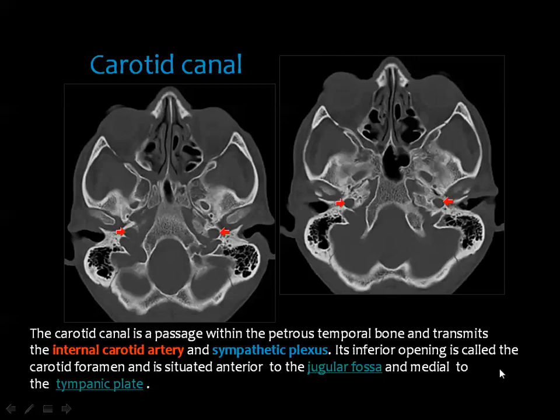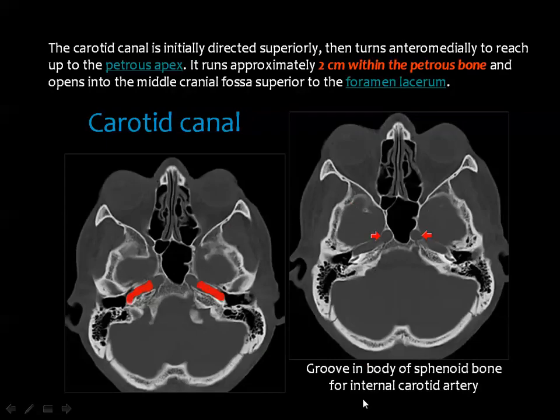Posterior and a little bit inferior to it is the jugular fossa. We'll mention it in detail. And here you can see the canal for the internal carotid artery, and this is a groove in the body of the sphenoid for the artery.